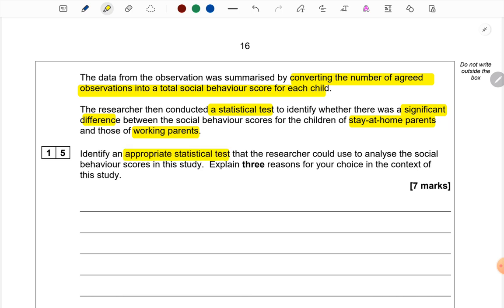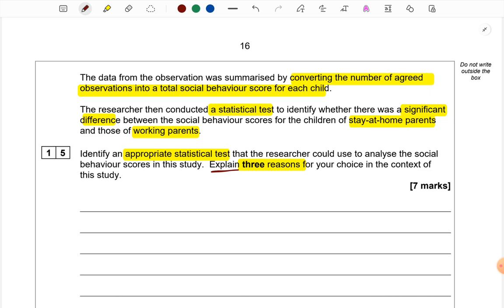Identify an appropriate statistical test that the researcher could use to analyze the social behavior scores in this study. Explain. Command term is explain, not just state. So, explain three reasons for your choice in the context of this study.